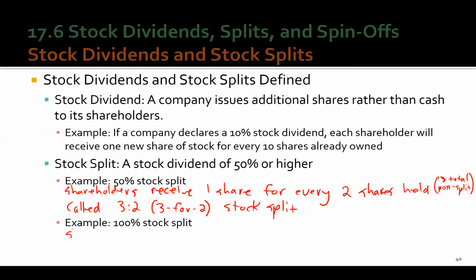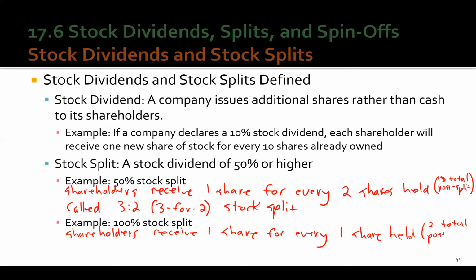A 100% split would mean that shareholders receive 1 share for each share that they hold. So they would hold 2 total shares post-split for every 1 share that they held.